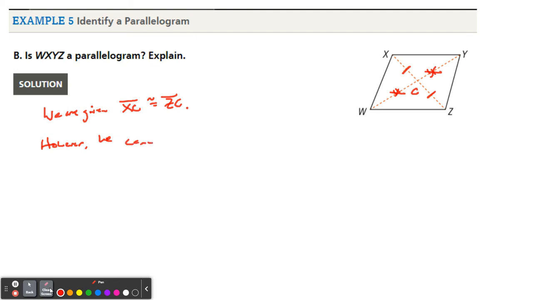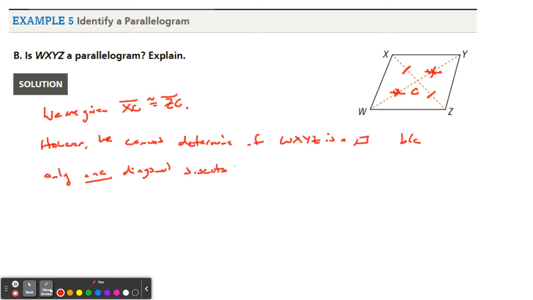We cannot determine if WXYZ is a parallelogram because only one diagonal bisects the other. And that would be WY bisects segment XZ.